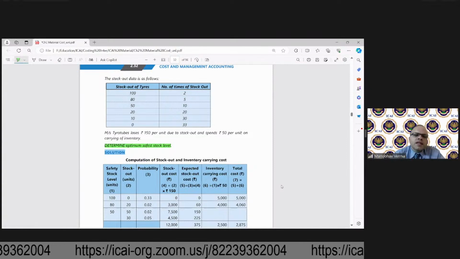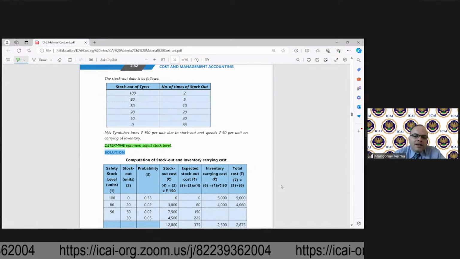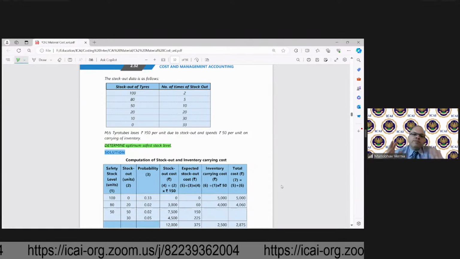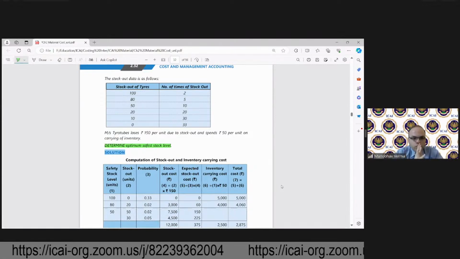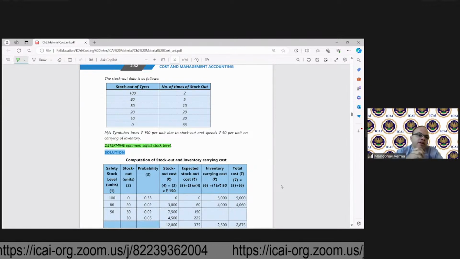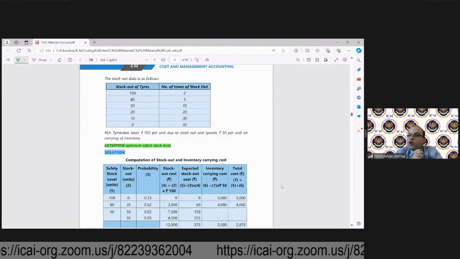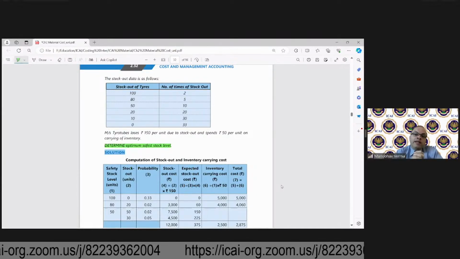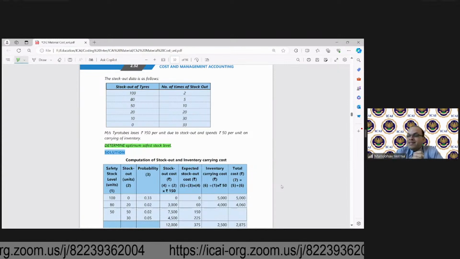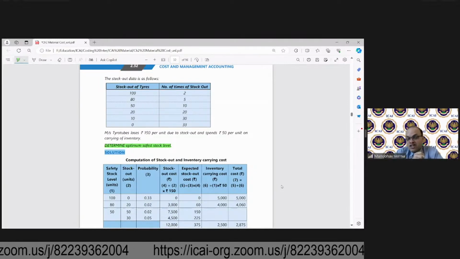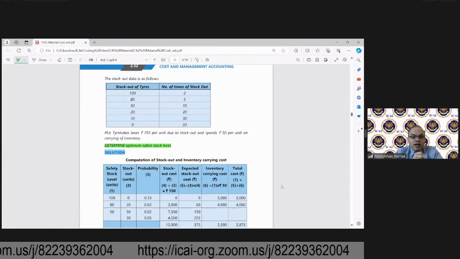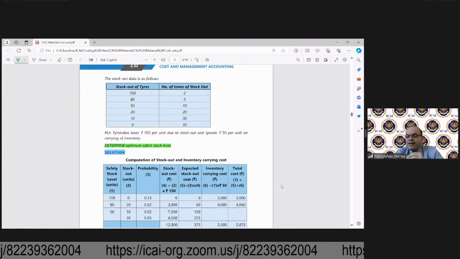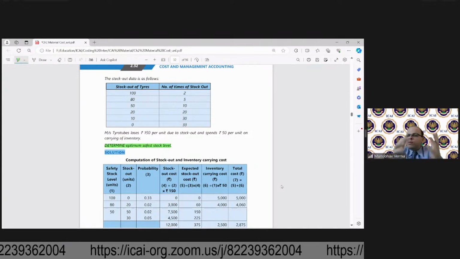If we have to understand what is the optimum safety stock level, the answer should be the one which gives me the minimum cost. That is for sure. And they're giving you data for stock outs. So a 100 tire stock out is happening twice, so you may not be as concerned. But if a stock out is something like 20 tires or 10 tires, which is happening 20 times, 30 times, that could be a major concern.